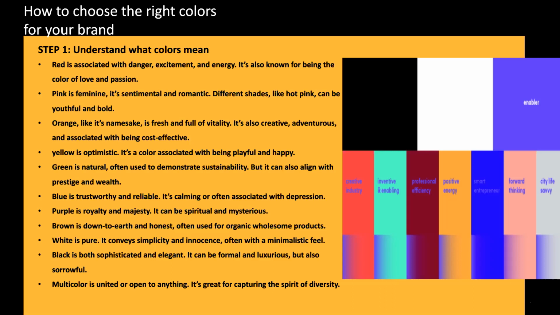These are the different types of colors. It's not all the colors, but some colors that are used a lot, and a description of how they make people feel when they see them. So red is associated with anger, pink is feminine, and so on.